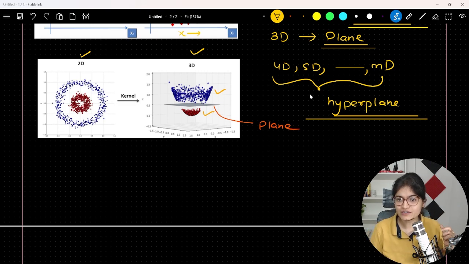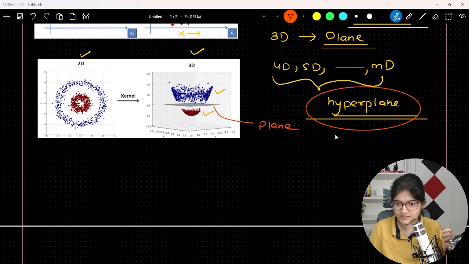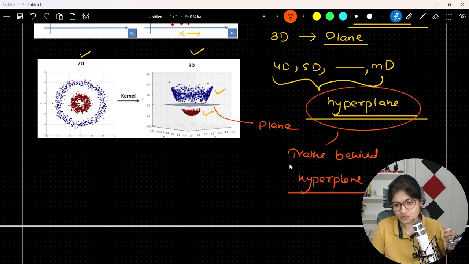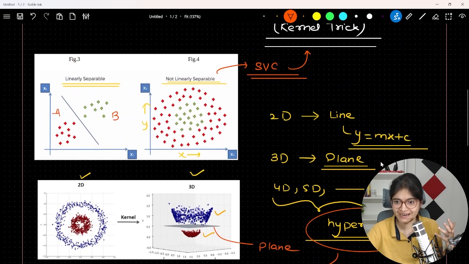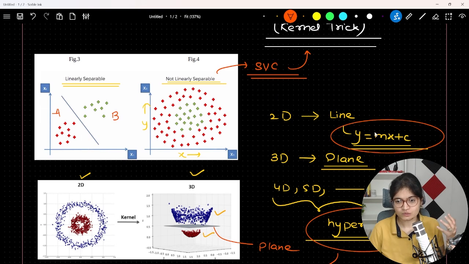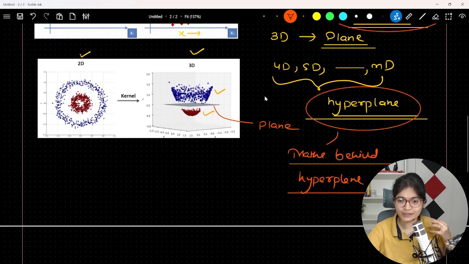In the upcoming sessions, we will try to discuss the maths or mathematical intuition behind this hyperplane. For example, we know what is the maths behind a line. What is the equation of a line? This is the equation, right? With the help of this equation only, we will try to see what is the equation of a hyperplane, right? How our model will be trying to curate that hyperplane.